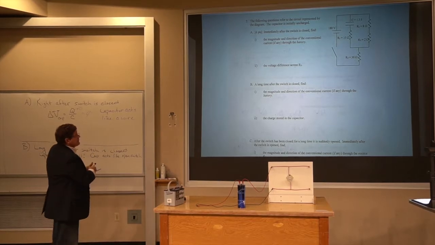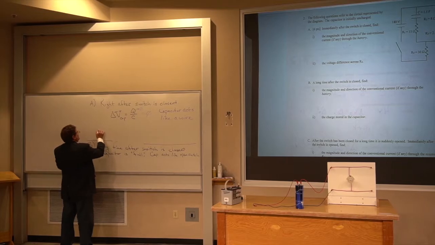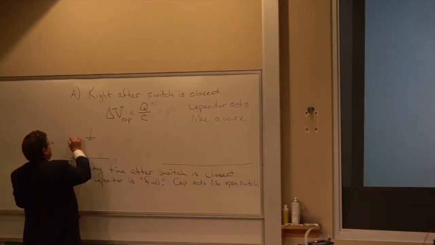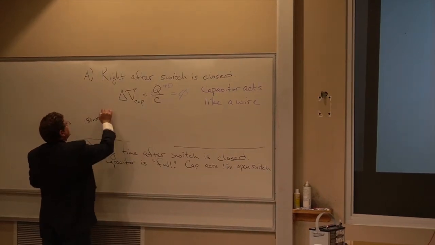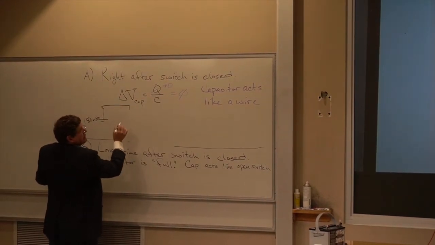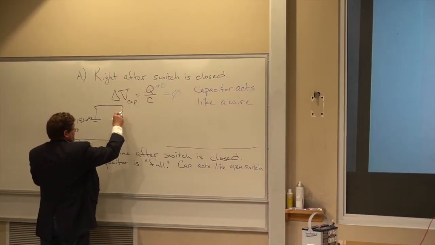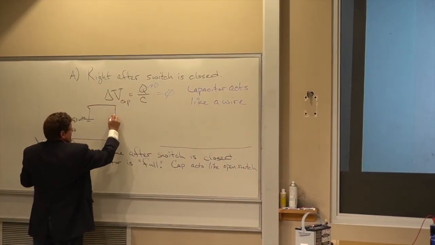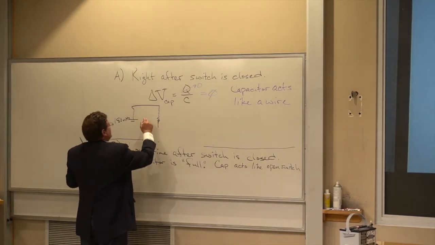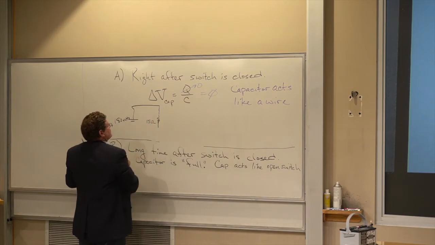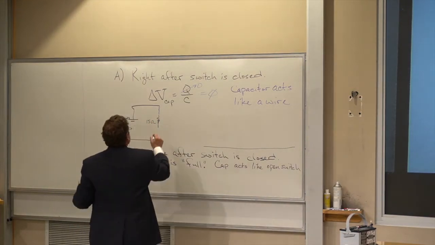So let me redraw this circuit. I've got a battery that's 180 volts. That's pretty hefty. And then I come down here, and instead of the capacitor, I have a wire. And then I have a 15 ohm resistor, and that's R1.